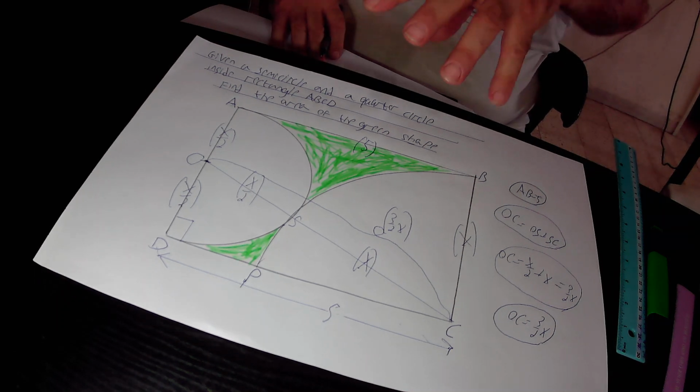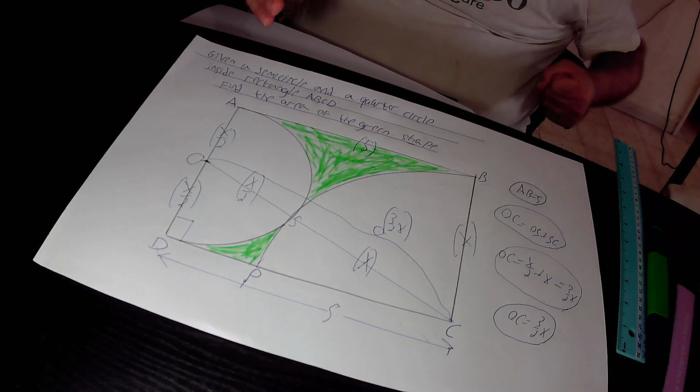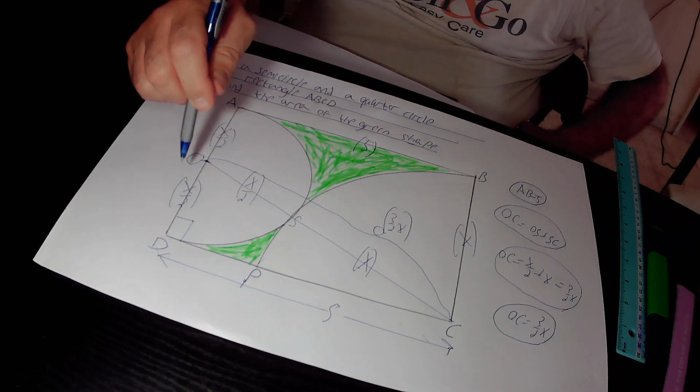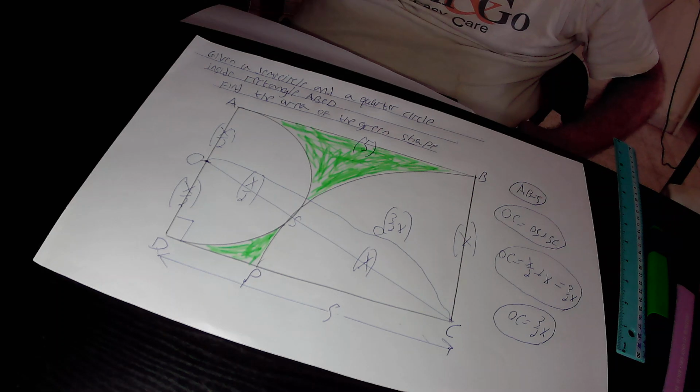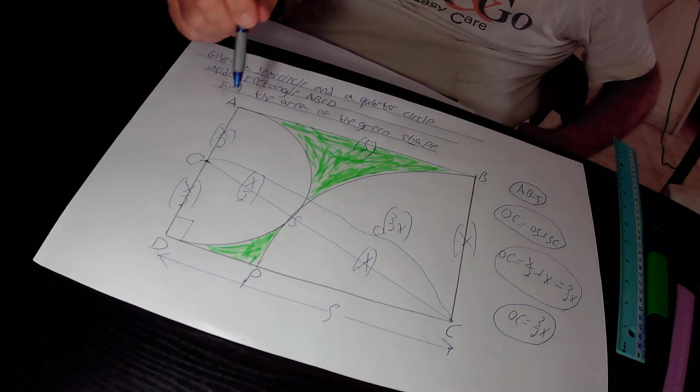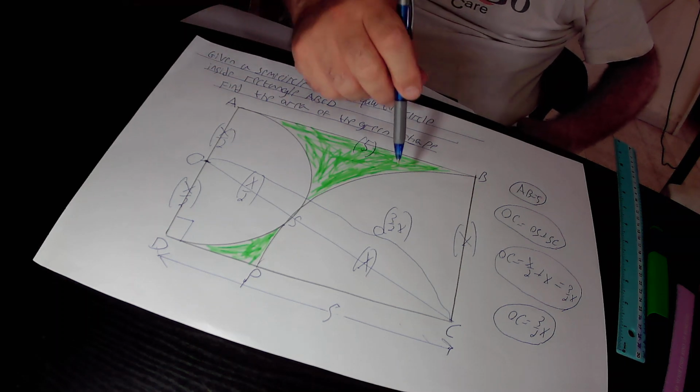From the drawing, it is very easy to see that the area of this green shape equals the area of rectangle ABCD minus the area of this semicircle minus the area of this quarter circle.